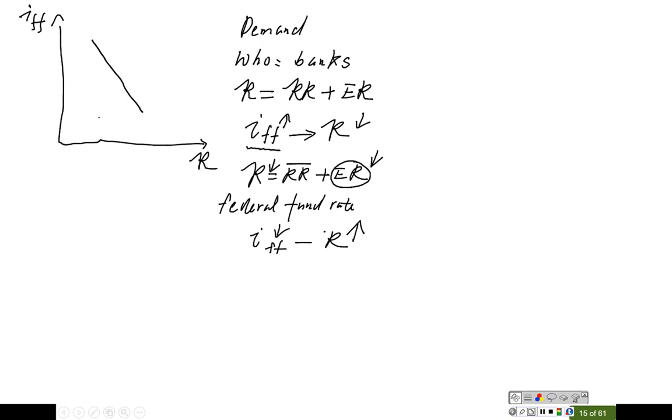But when you look at the federal funds market, there's a unique shape here. Once the federal funds rate hits a certain rate here, the demand curve will become horizontal. So what's the rate here?